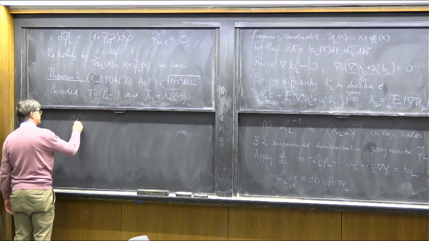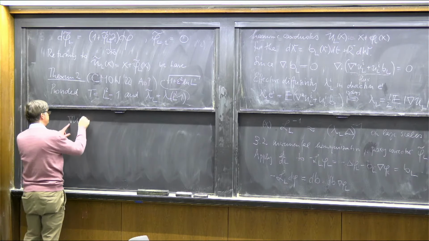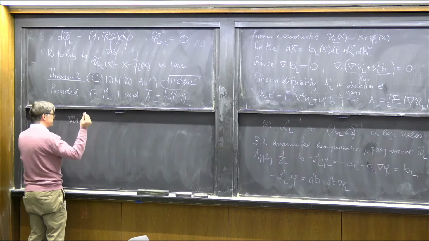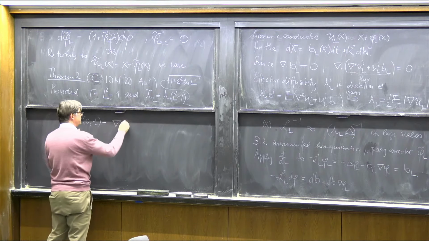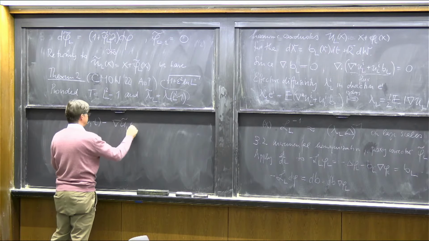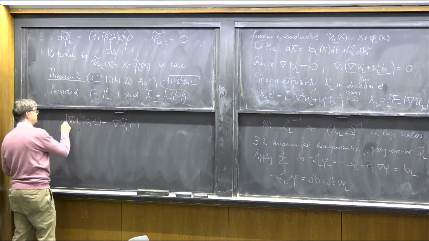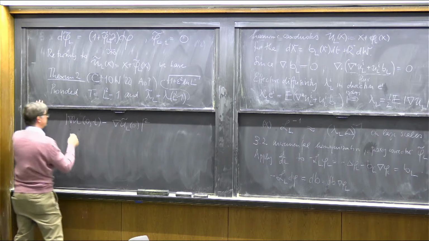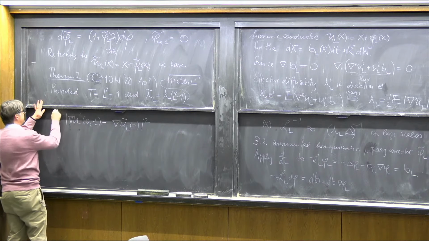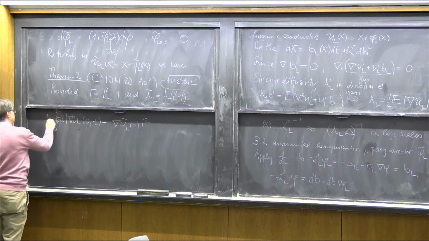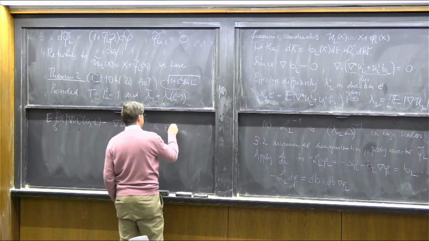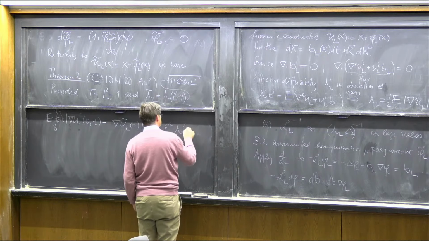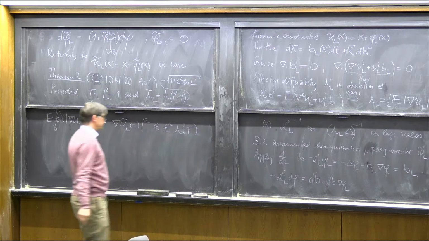So if we look at the gradient of u, for instance at the origin, but any point will do, and we compare it to the gradient of u L tilde, and we look, as usual, at the time average, and we take the second stochastic moments, then this is less than epsilon squared times lambda t.